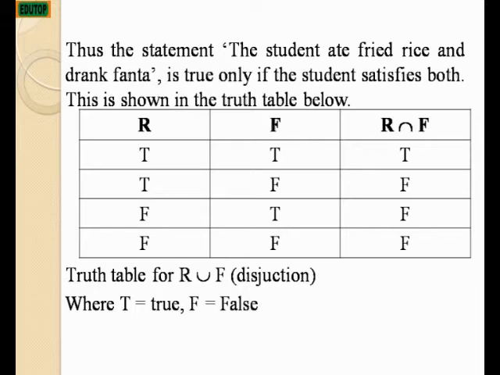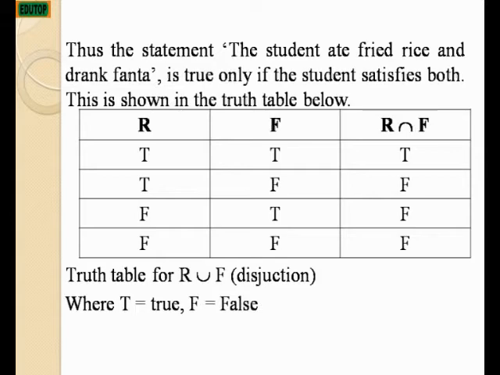That is not obtainable. When you didn't eat fried rice but you drank Fanta, you can't say that you ate fried rice and drank Fanta. Now, when a student did not eat fried rice and also did not drink Fanta, then we can confidently say that the student did not eat fried rice and also didn't drink Fanta.